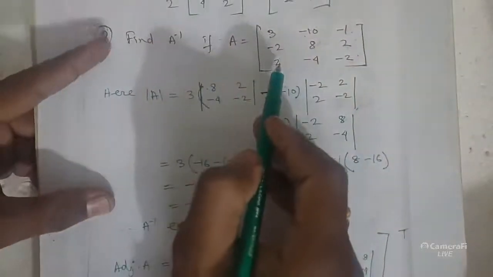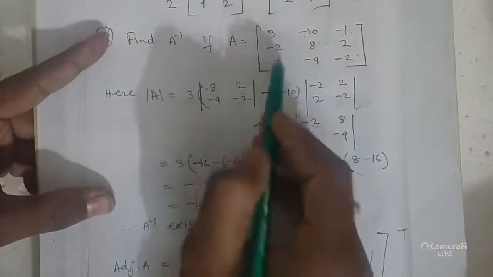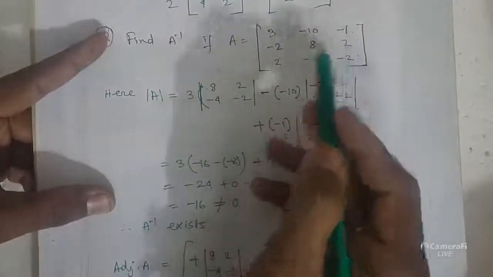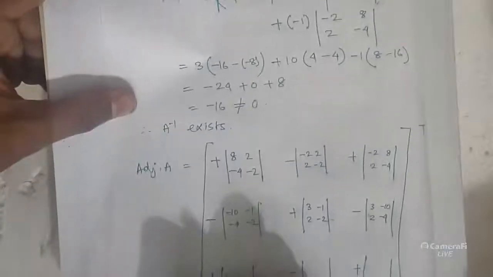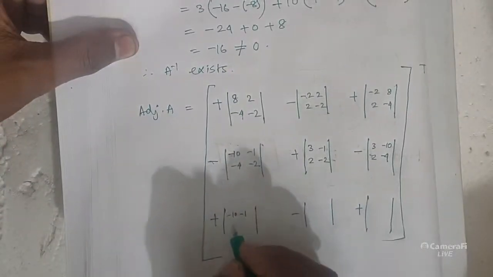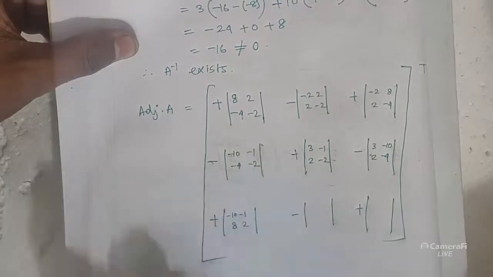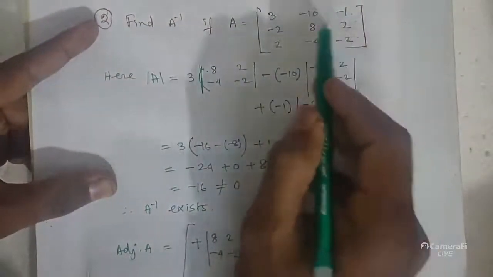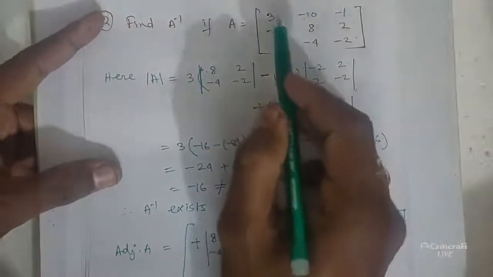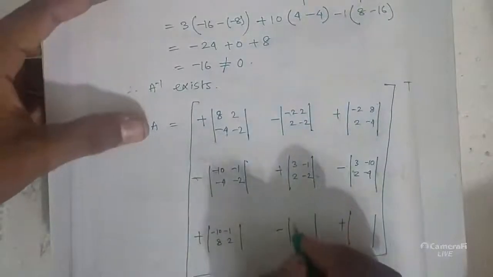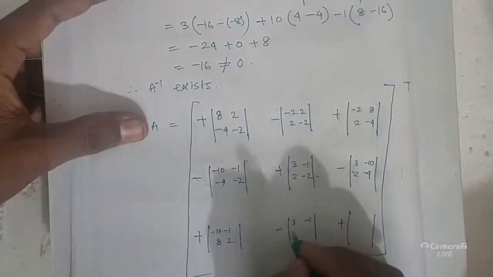Next third row, first element. So third row, first column of minus 10 minus 1, 8 2. Next for this element, third row, second column of, so 3 minus 1, minus 2 2.